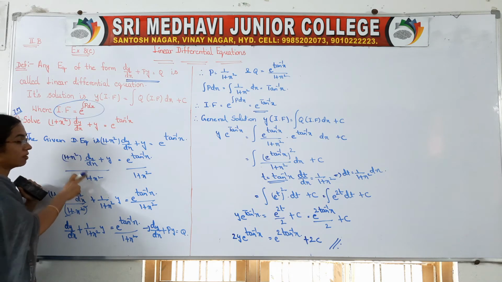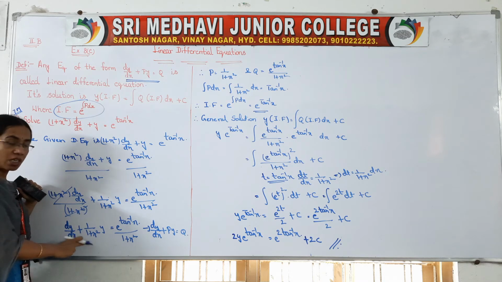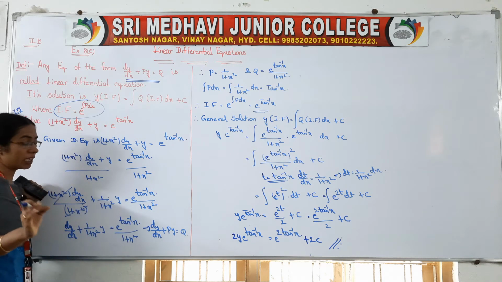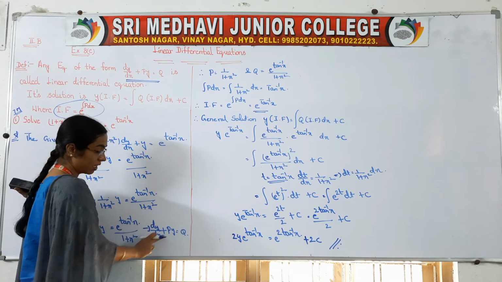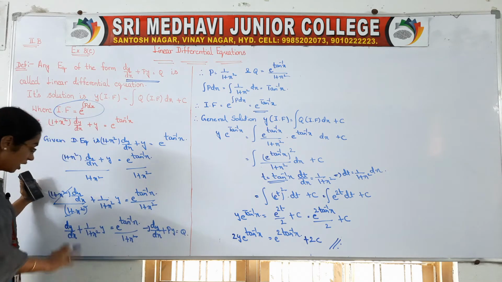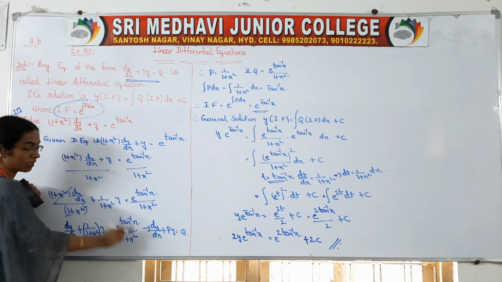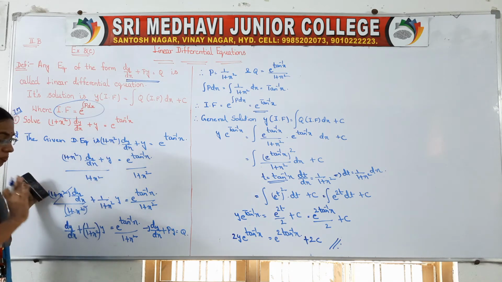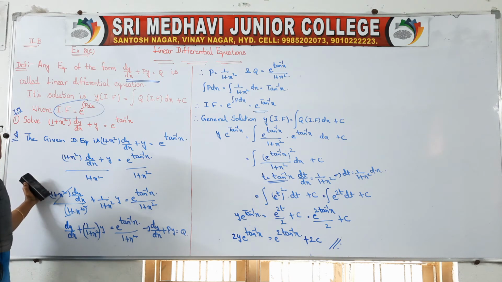So here by dividing by 1 plus x square we reduced the equation purely into linear differential equation form. Dy by dx plus py is equal to q, see dy by dx, one term into y is equal to another term. With that we will get our p and q values. We need p and q values in finding the solution of the linear differential equations.